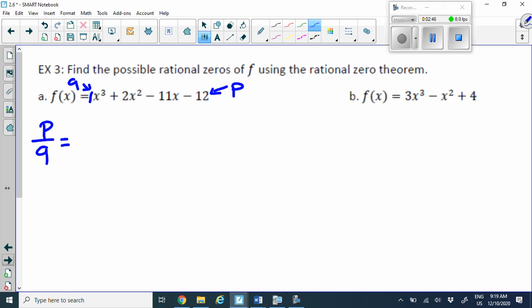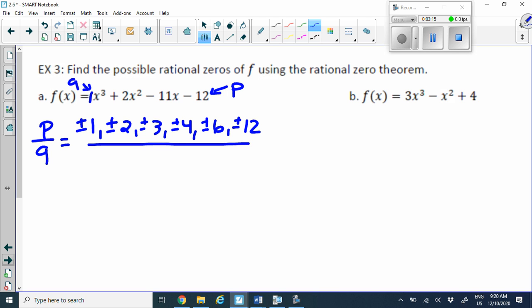So let's think of all the numbers that multiply to 12. We have 1, 2, 3, 4, 6, and 12. Not only do the positive numbers multiply to that, but we also have to think of negative numbers. So in front of all of these, we're going to have a plus minus. Now what are the numbers that multiply to 1?